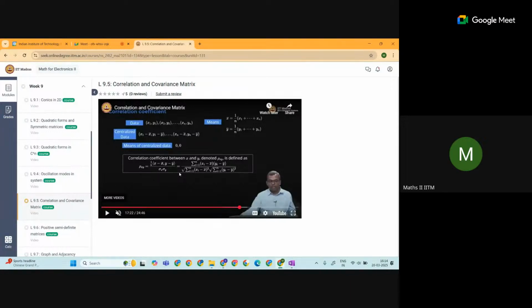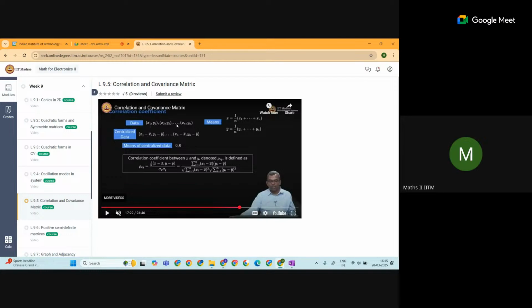So the mean is the sum of all data divided by the number of data, and the correlation between x and y is denoted by rho xy, which is the inner product we already did just now. The updated one is to subtract the mean and divide by the norm.